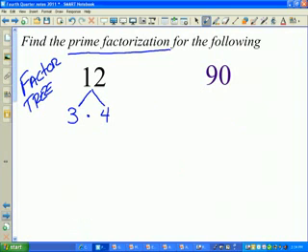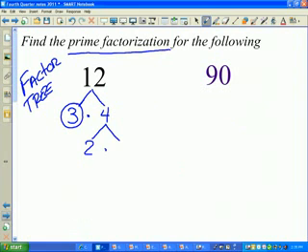So our ultimate goal with this prime factorization is to take that whole number of 12 and find factors that are all prime numbers that multiply together to give me my original answer of 12. So looking at 3 times 4, this 3 is a prime number, so it's staying right where it is. But this 4 is a composite number.